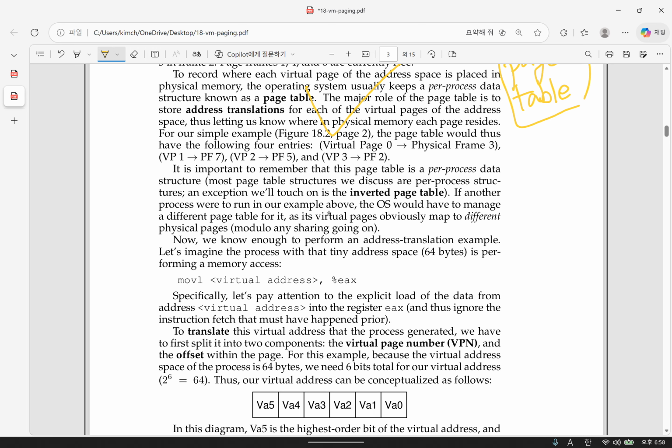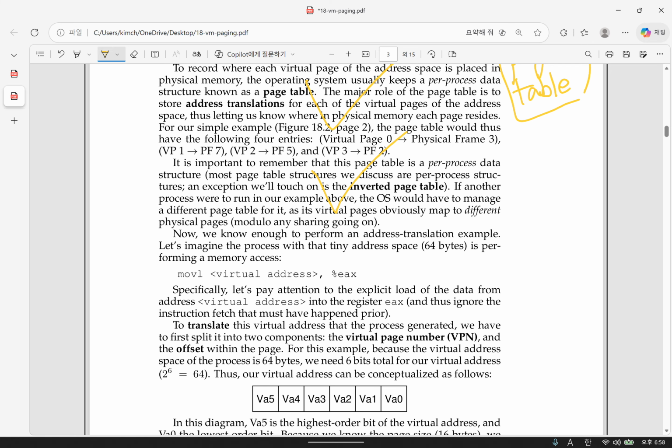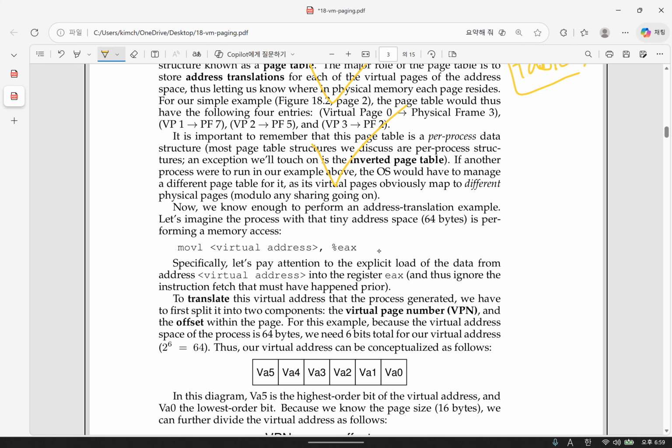If another process were to run in our example above, the OS would have to manage a different page table for it, as its virtual pages obviously map to different physical pages, modulo any sharing going on. So now we know enough to perform an address translation example.